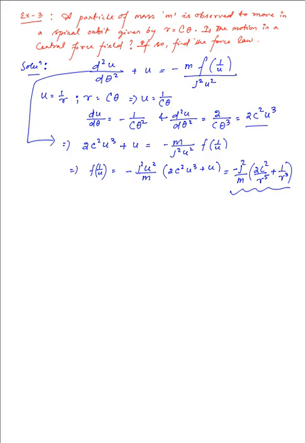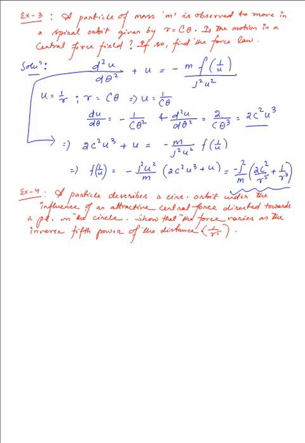Now moving over to the next question, next example. This is more or less to show that the particle describing a circular orbit under the influence of an attractive central force, which is directed towards the center, or towards a point on the circle, needs to show that the force varies as the inverse fifth power of distance, that is 1 over r to the power 5.